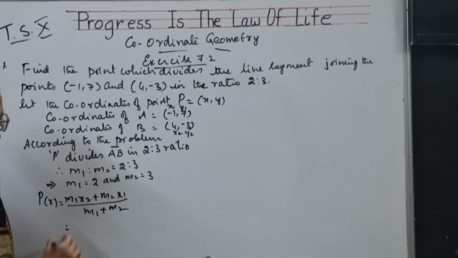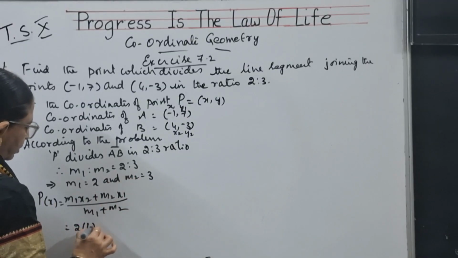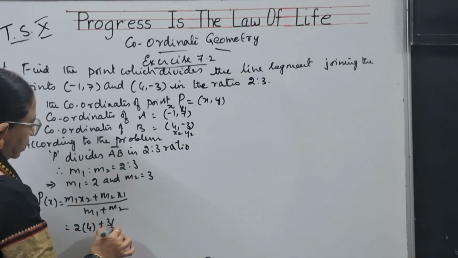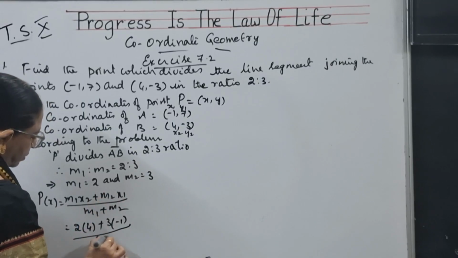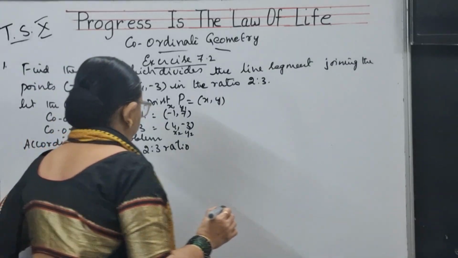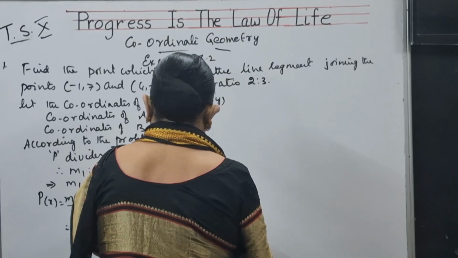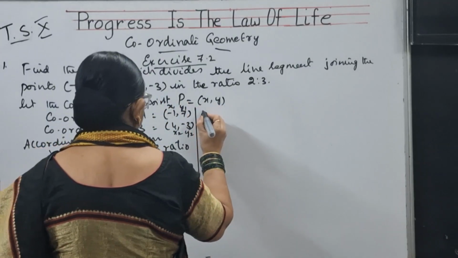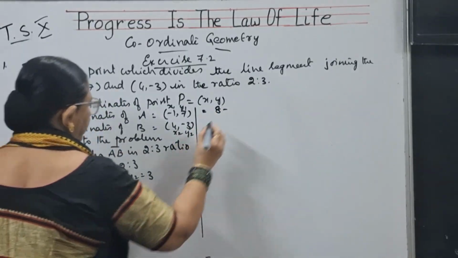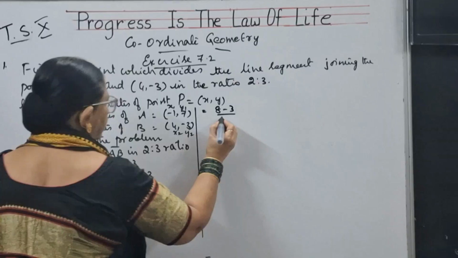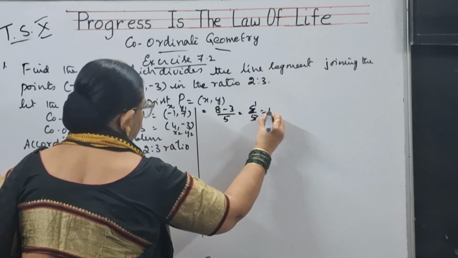So that is equal to, m1 is 2 into x2, that is 4, plus m2 3 into x1, minus 1, by 2 plus 3. That is equal to 4 2s are 8 minus 3 by 5. That is 5 by 5, that is equal to 1.